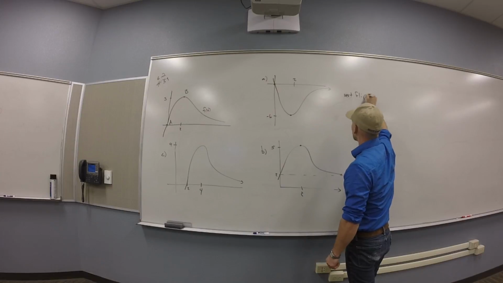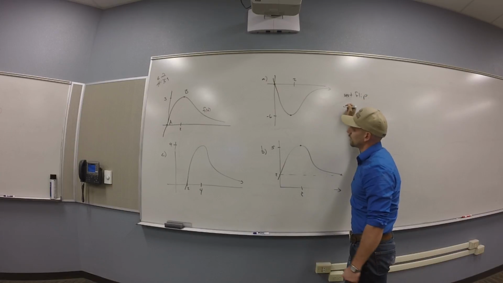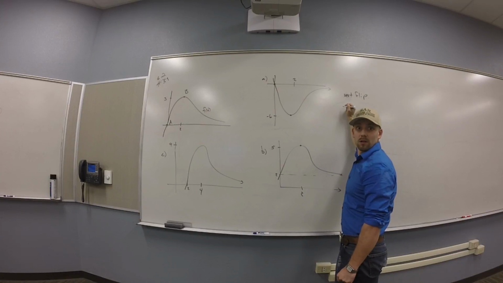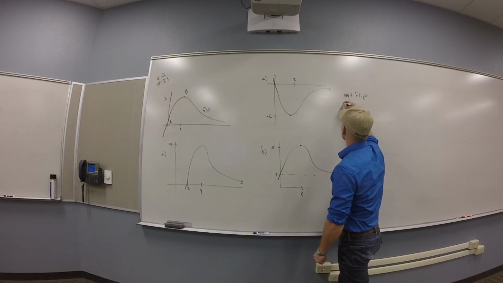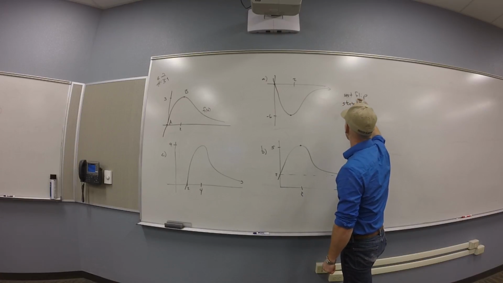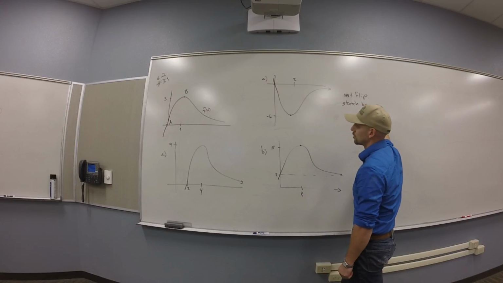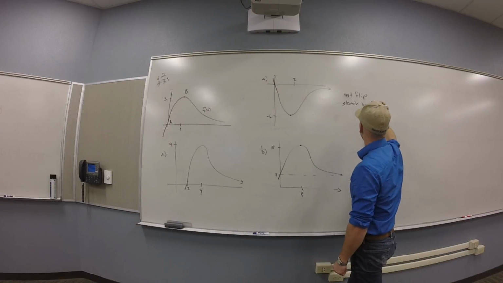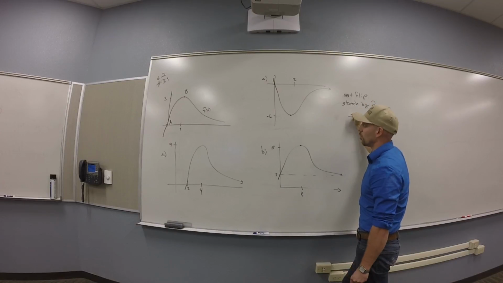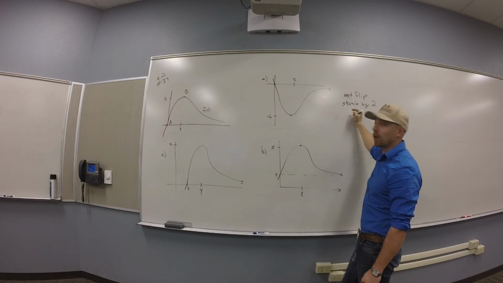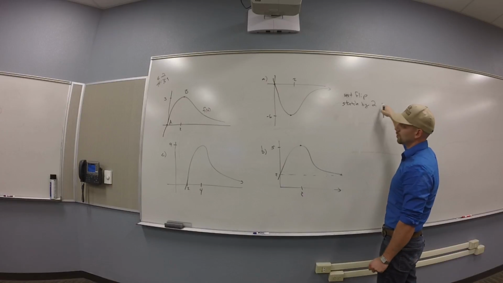Yeah, so there was a vertical flip, right? What else? It was stretched by 2. How'd you figure out 2? Because 6 is 2 times 3, and it's in the negative. Cool. Okay, so I got a vertical flip and a stretch by 2.